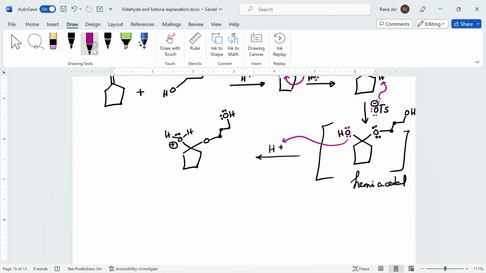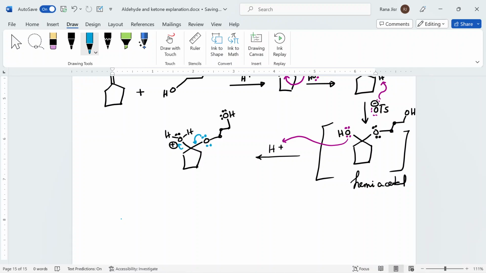So to kick it out as I did before, I'm just going to go ahead and do resonance in there because my point here is that I need to make this carbon more partial positive so that this nucleophile can come and attack it. To make it more partial positive, I need to introduce a double bond in there with the oxygen being a plus charge. So now I'm going to end up forming a double bond in here.